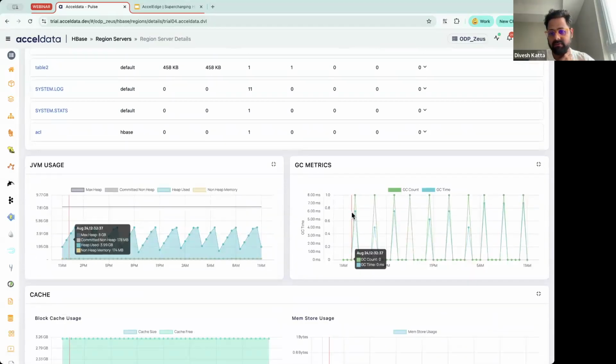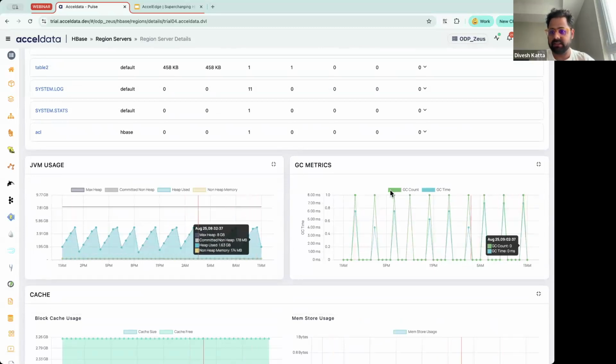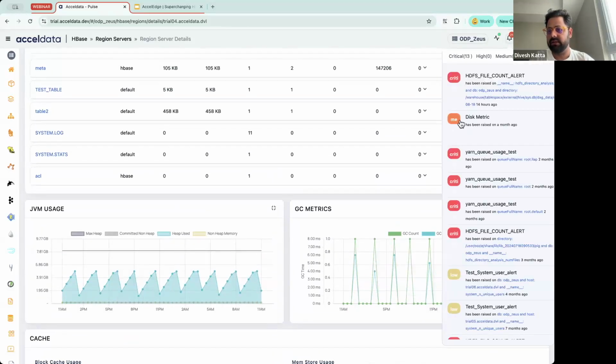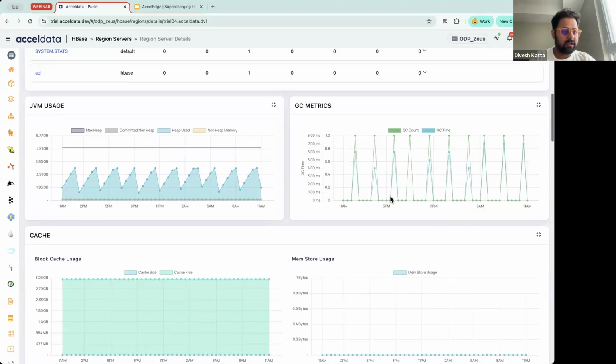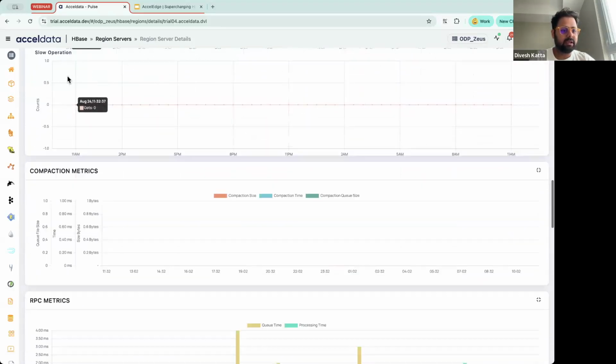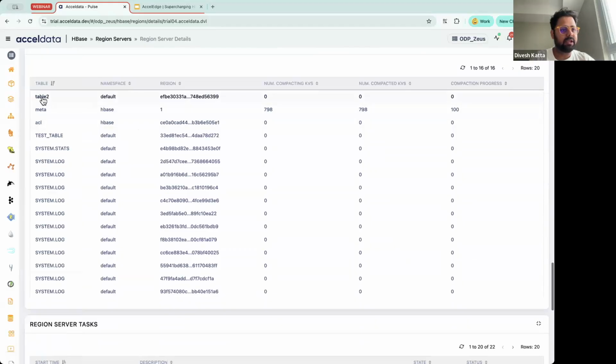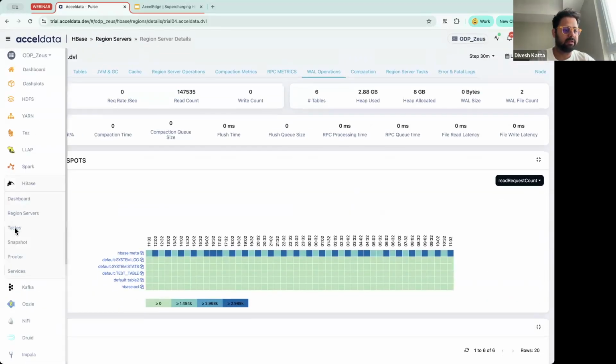For example, if the GC count goes beyond some threshold, you can create an alerting system via Pulse. And similarly, you can review all those metrics and review the individual tables as well to understand what is happening inside the HBase system.